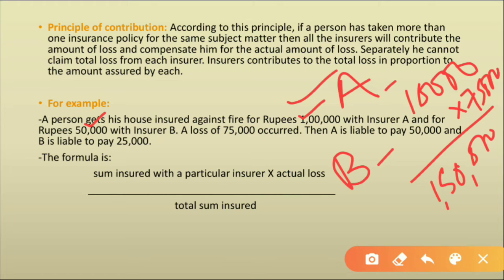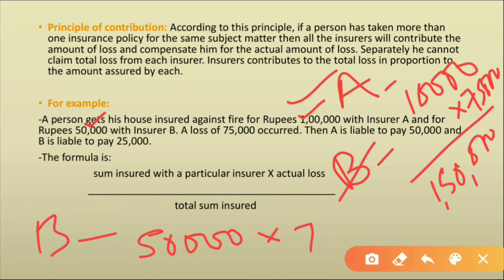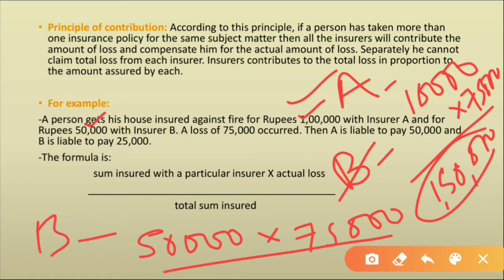In the same way, we will calculate B here. Sum insured with B, how much insurance he has taken from B? 50,000, and the actual loss is 75,000, and the total sum is the same, 1 lakh 50,000.